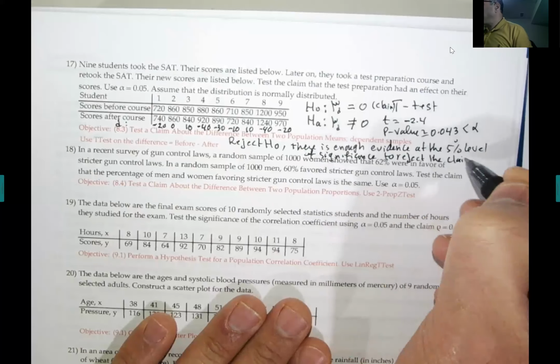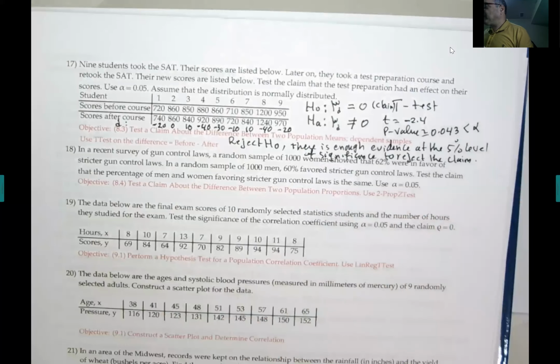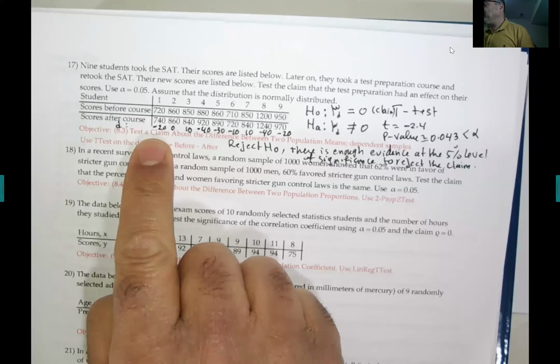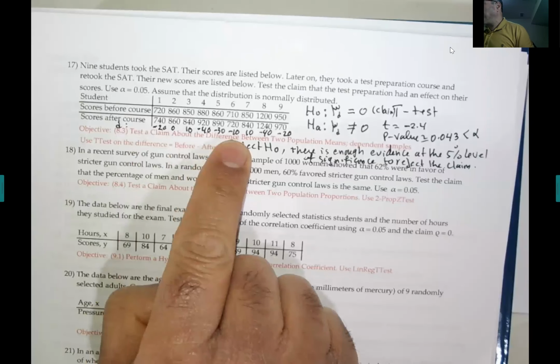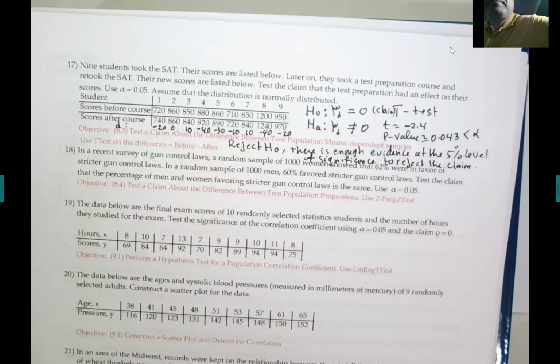We're rejecting the claim that this test makes no difference, guys, because it did make a difference. Look here, guys, negative 20, this student improved, this student improved, that one improved, most of them improved. So we reject the claim that it did not make any difference. That means it probably did make a difference here.